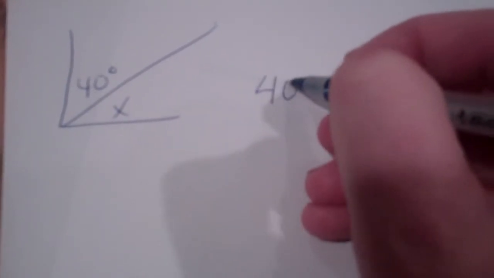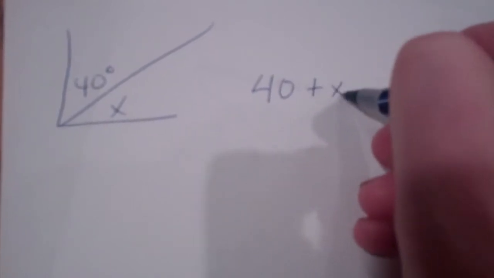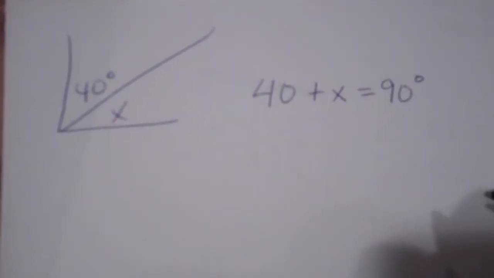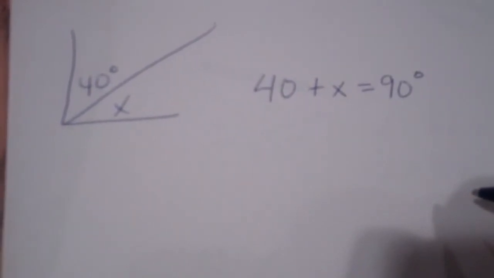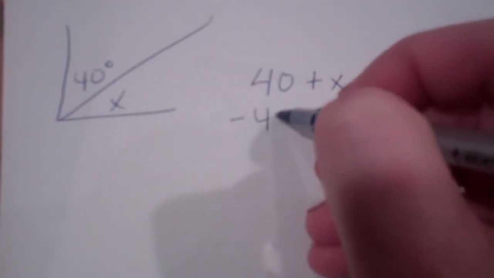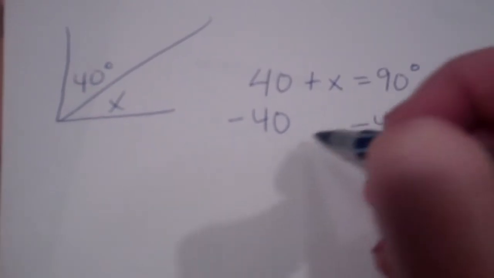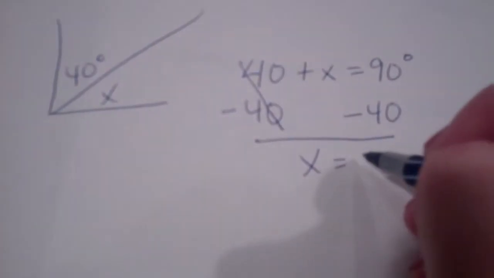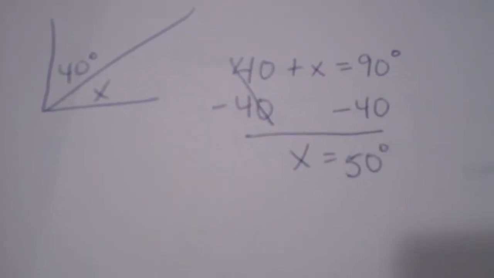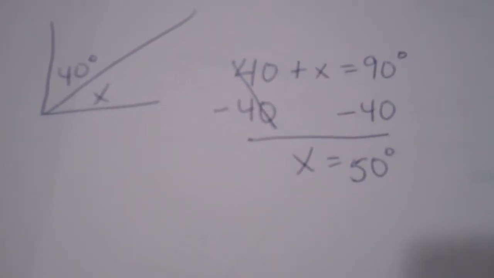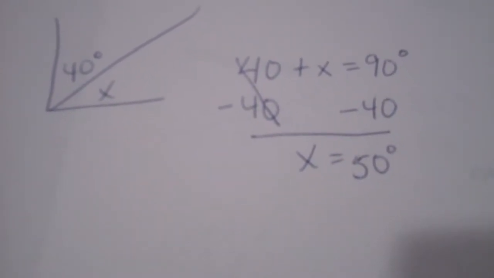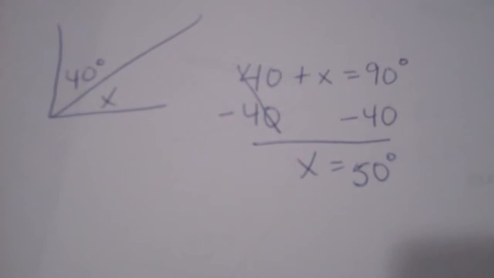I know that 40 degrees plus x is going to give me 90 degrees because of that complementary pair relationship we see in the figure. We'll subtract 40 from both sides, and x equals 50 degrees. So by knowing the relationships within the figures, you can find unknown measurements of angles.